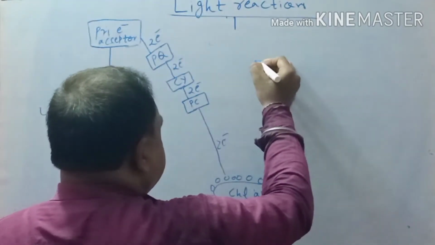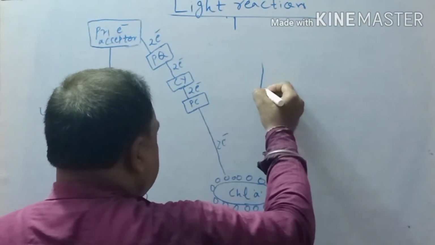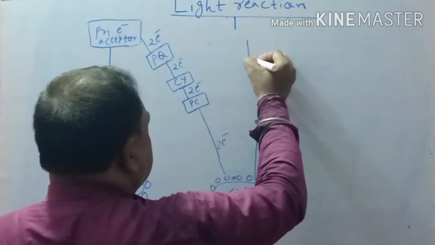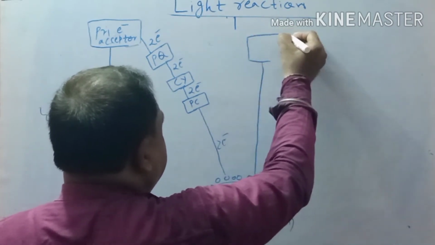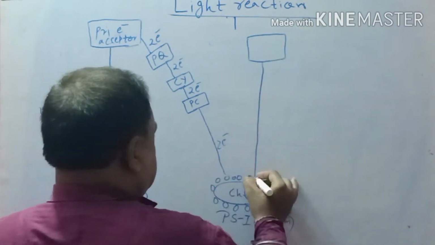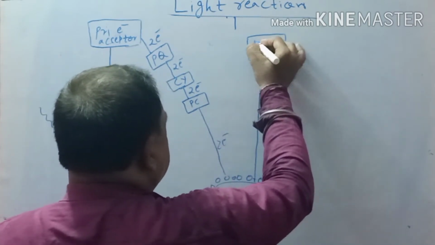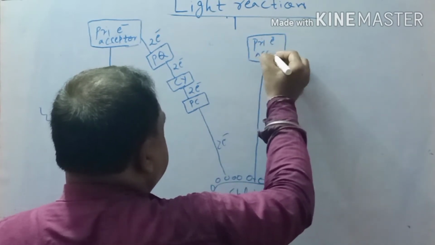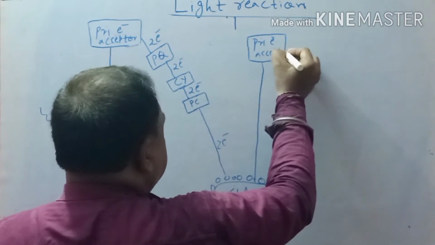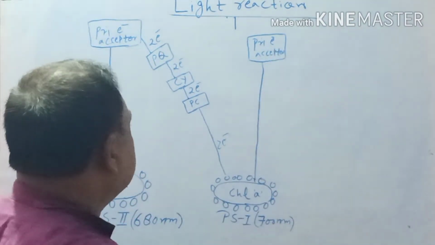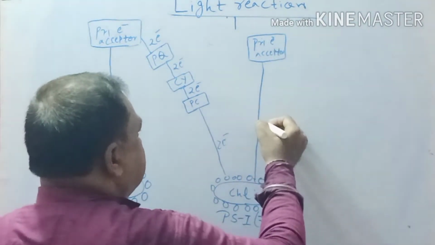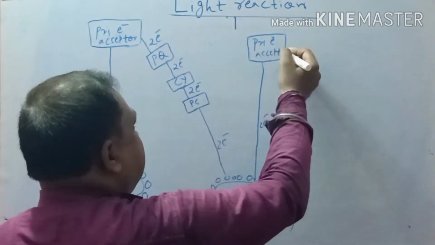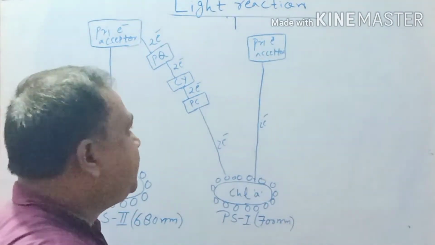Here again the pair of electrons, after excitement, goes to the primary electron acceptor, or you can say that the electron pair in PS first is accepted by the primary electron acceptor.